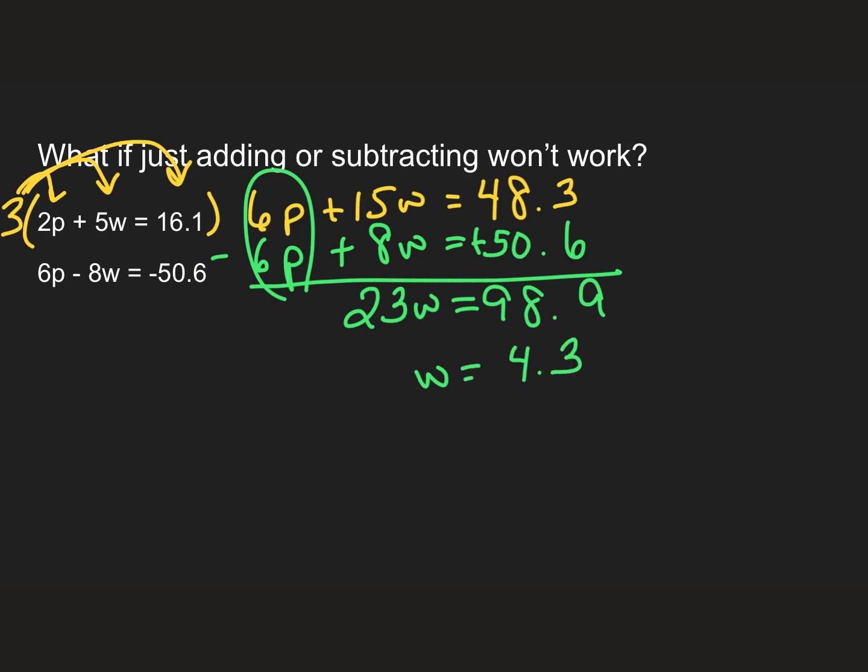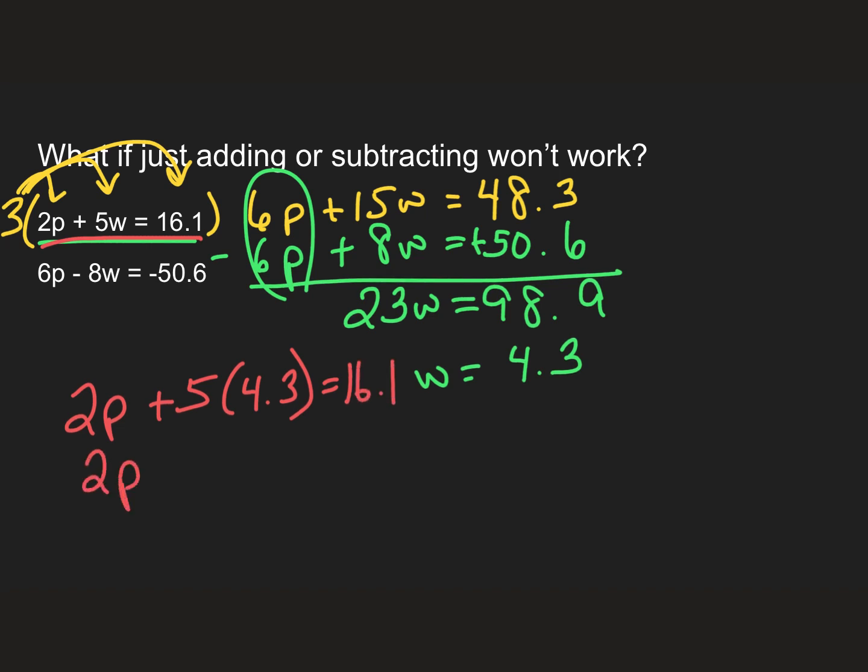And again, I just go back and put the w into one of my original equations. I'm going to take the one I changed. Do this in red. Okay, so I have 2p plus 5 times 4.3 equals 16.1. So I end up with 2p plus 21.5 equals 16.1.